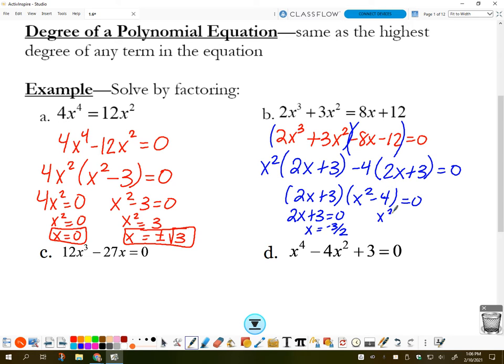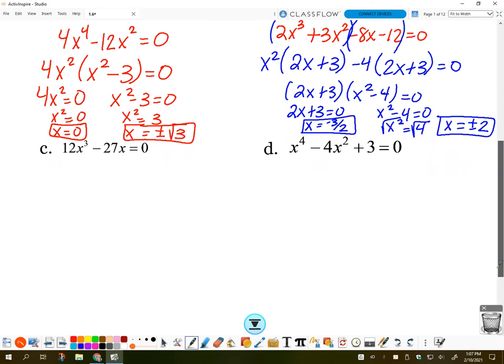Here, we're going to add 4 to the other side, take the square root of both sides and get plus or minus 2. So there's positive 2, negative 2, and negative 3 halves. Those are 3 solutions.